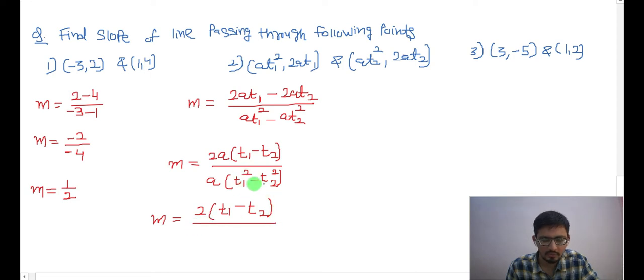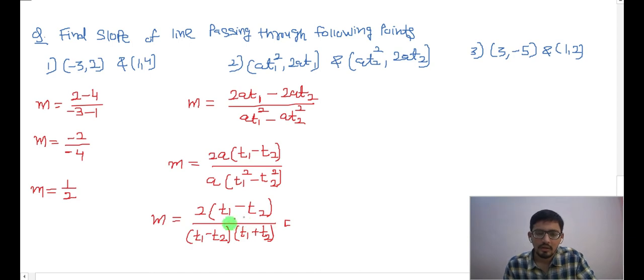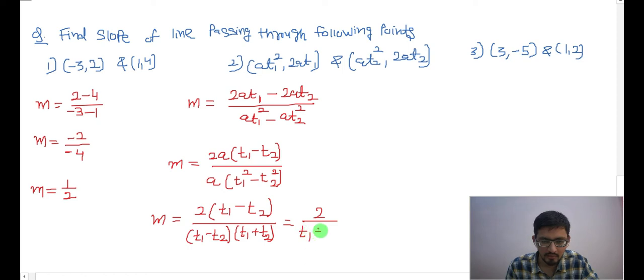So for that what will I write? t1 minus t2, and second bracket t1 plus t2. So t1 minus t2 will get cancelled. So finally what is the slope of line passing through these two given points? 2 divided by t1 plus t2. This is the answer.